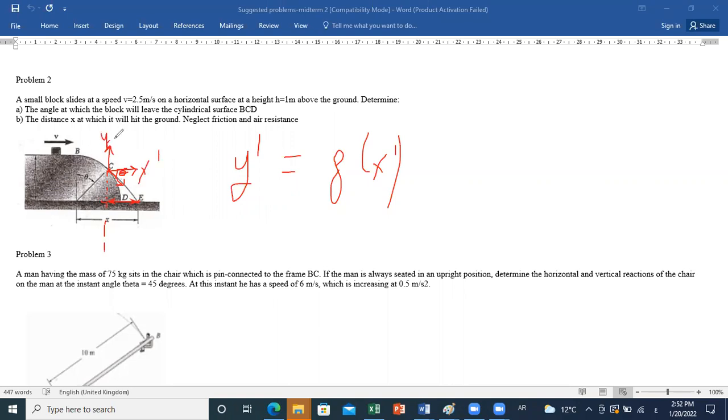I have from projectile motion the relation between y prime and x prime. Okay, I know that y prime of E is equal to what? It's negative because I am below the x prime axis, and it's equal to minus this distance here. What is this distance?